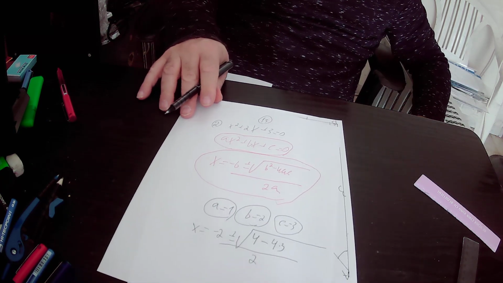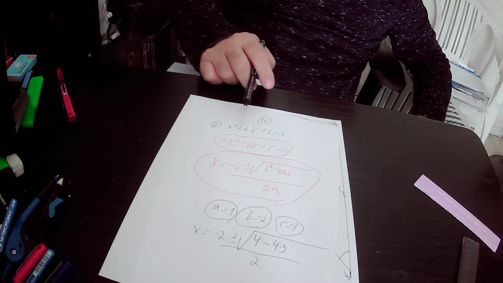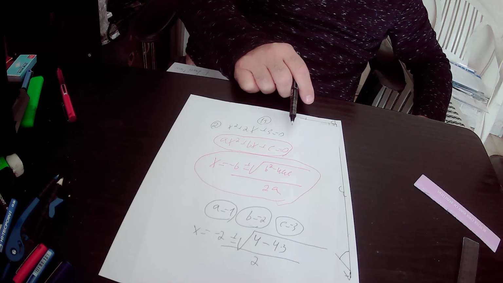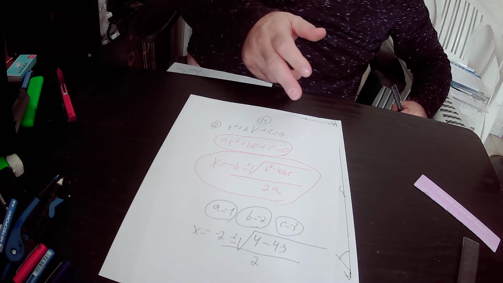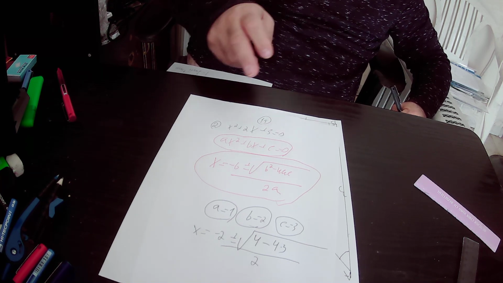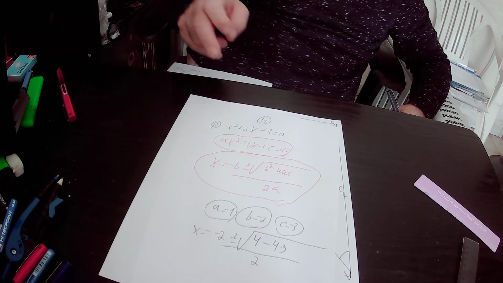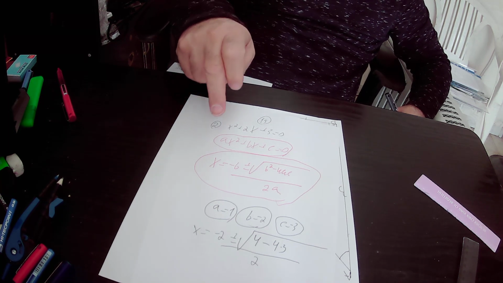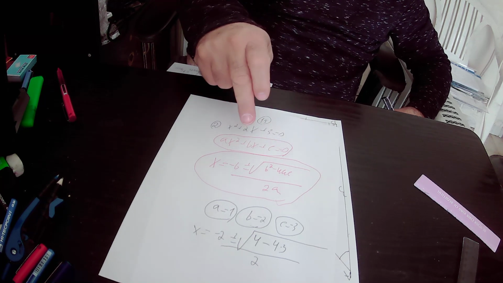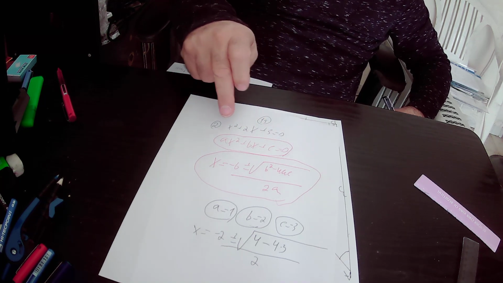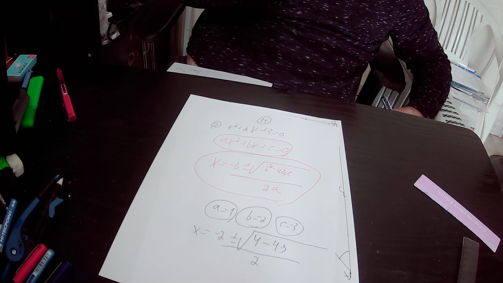The general form of a quadratic equation is ax squared plus bx plus c equals 0, where a, b, and c are the coefficients of the general quadratic equation, and x is the variable that we are looking for. We will find the value of x according to a special formula, where a, b, and c are the coefficients of the quadratic equation.